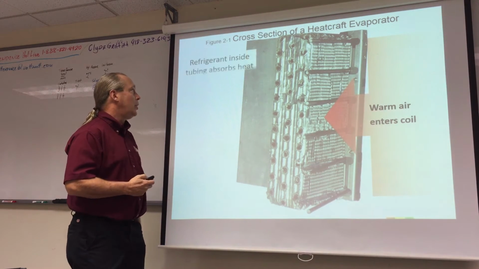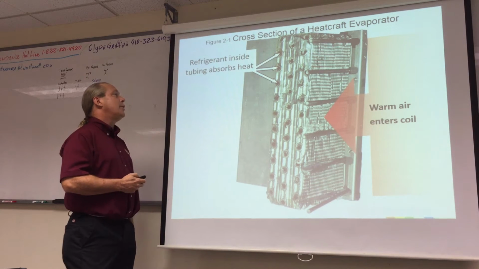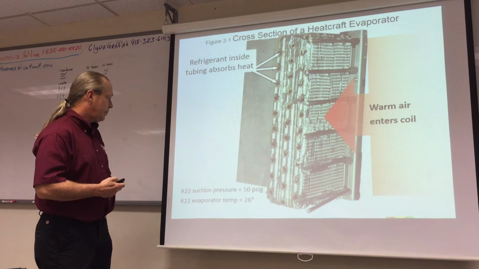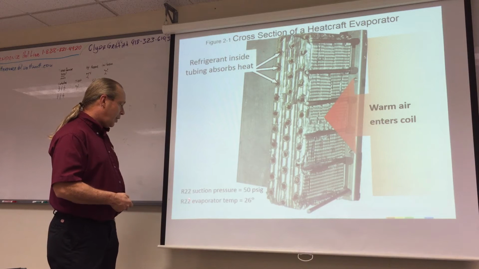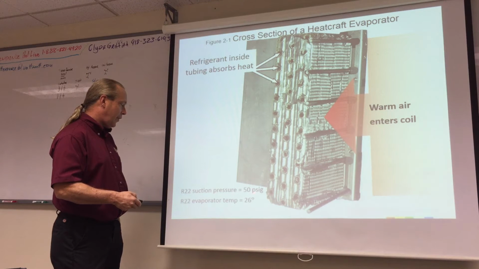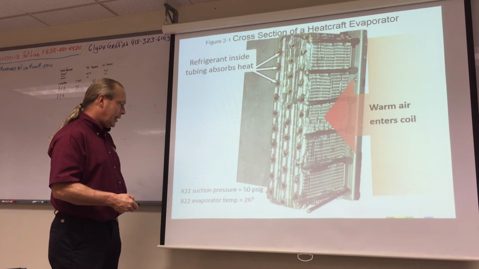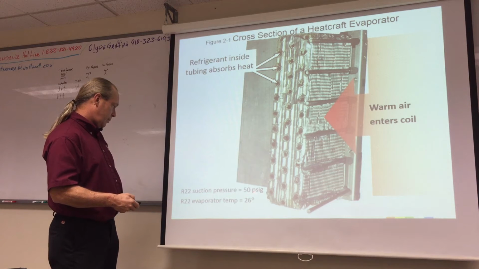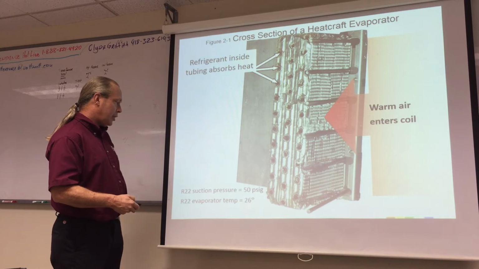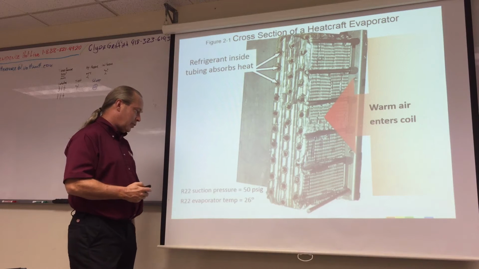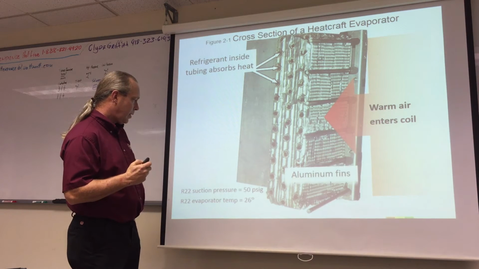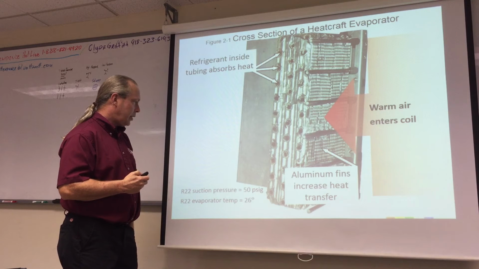Warm air enters the coil. Refrigerant inside the tubing absorbs the heat. Then we have our R22 suction pressure at 50 psig. That is the evaporator temperature of 26 degrees. I think not for R22.